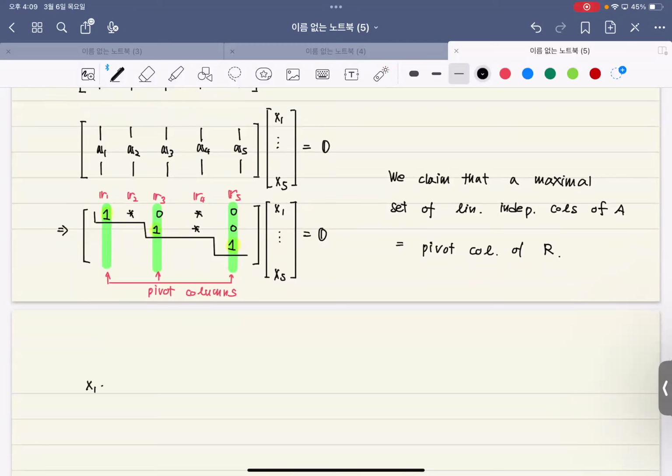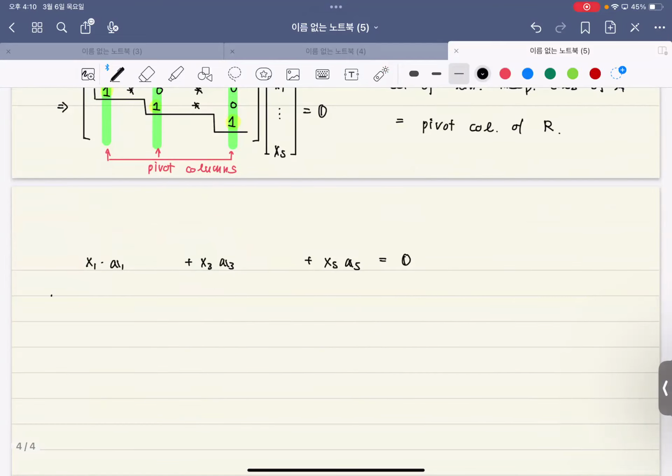Let me consider this: x1 times A1 plus x3 times A3 plus x5 times A5 equals 0. Let us consider this vector equation. If the only possible solution of this equation is the trivial one, then I can say that A1, A3, A5 are linearly independent. But you have to remember that R was obtained by applying elementary row operations to the original matrix A, and applying elementary row operations does not change the solution set, right?